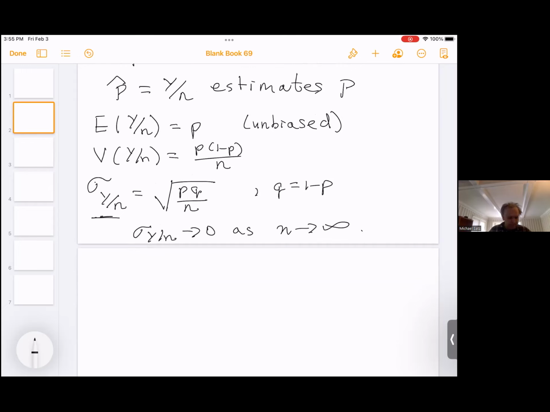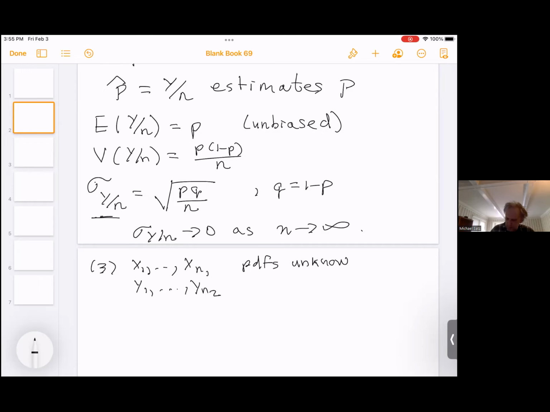Okay, 3. For 3, we have 2 samples. We have x1, and this sort of mimics 1 above, but only for the 2 sample case: x1 to xn1, and y1 to yn2. And let's just say again, PDFs unknown, distribution unknown.